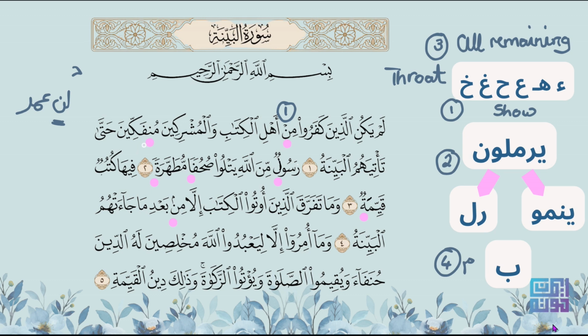So if there is ikhfa, I am ready to pronounce the fa, and then I pronounce a ghunna of the noon, and then I pronounce the letter of ikhfa, which is the fa. So I say munfakina.